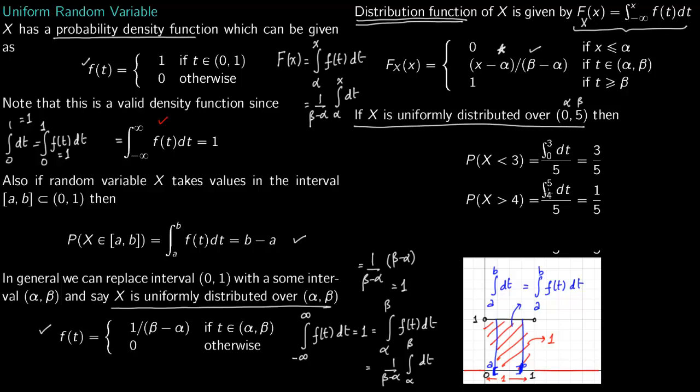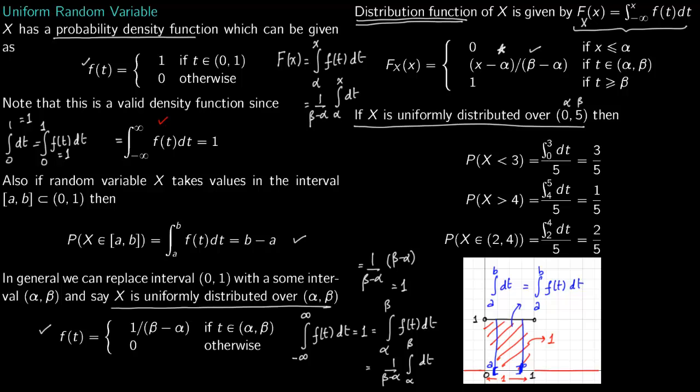So you have integral going from 4 to 5 dt over 5. This integral is just 1. X lies between 2 and 4. This is also simple. You take the integral from 2 to 4 dt divided by 5, which is beta minus alpha. You get 2 by 5.